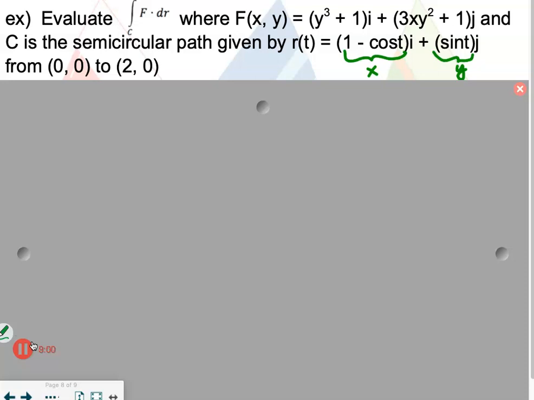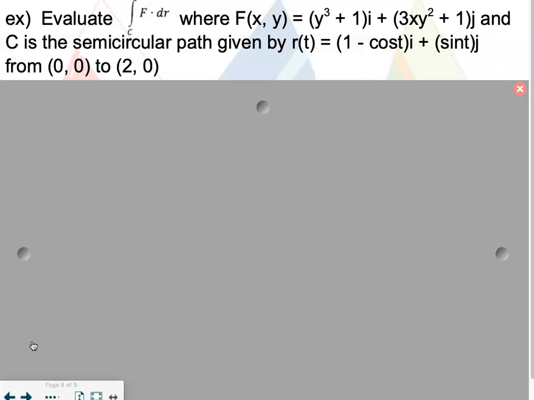Method number two, did anyone test to see if big F was conservative? Yes. Is it conservative? Yes. Since big F is conservative, you have two options. One is you can change your path, right?